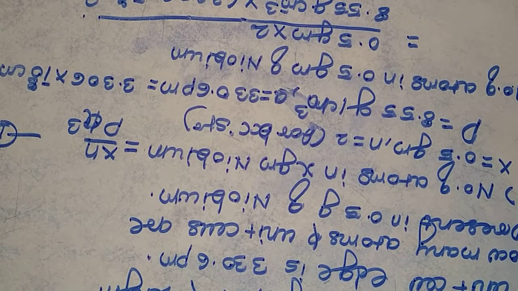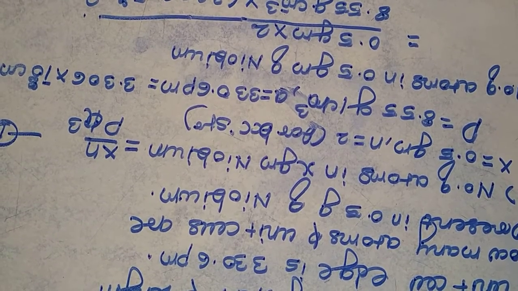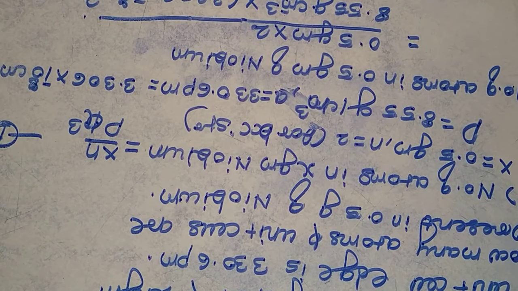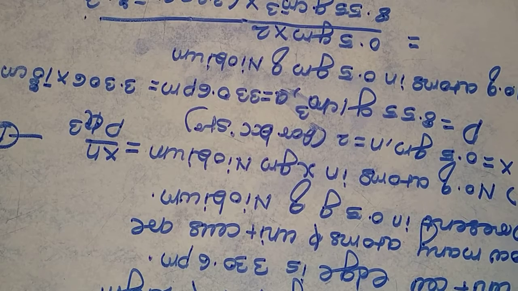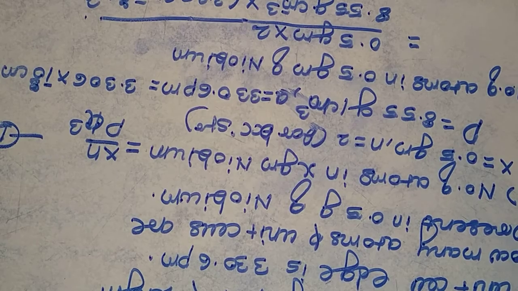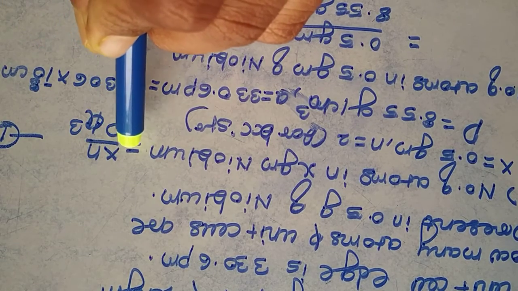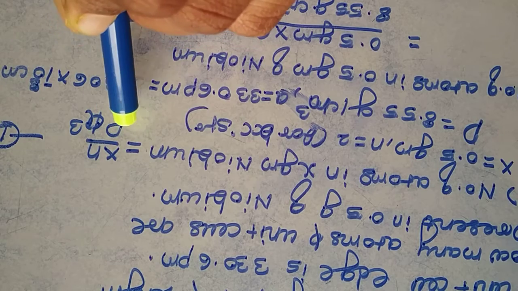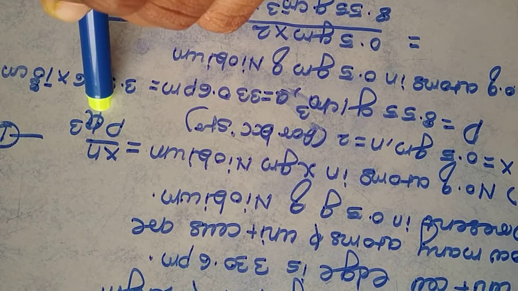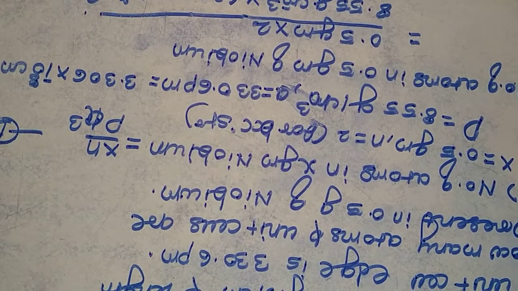1 picometer is equal to 10 raised to minus 12 meter, and you can convert meter into centimeter. So you get 3.306 into 10 raised to minus 8 centimeter. Then you want to calculate the number of atoms in 0.5 gram of niobium. You can put all the values in this formula: x is 0.5, N is 2, density is 8.55, edge length is 3.306 into 10 raised to minus 8.